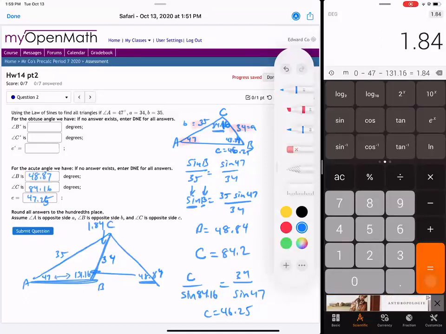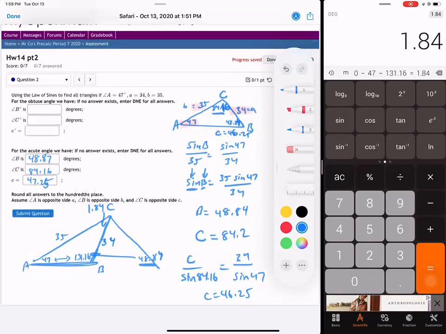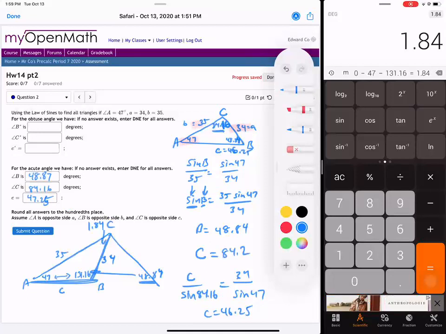So essentially, you're just solving for two triangles now, except there's a special way to get to that second triangle. So last part, C over sine of 1.84 is equal to what we know, 34 over sine of 47.